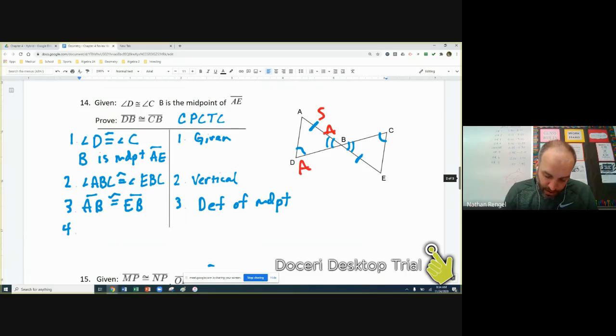So number 4, we'll say that triangle ABC is congruent to triangle EBC, and that's because of angle, angle, side. And lastly, we're not proving the triangles congruent, we're proving those two parts congruent.